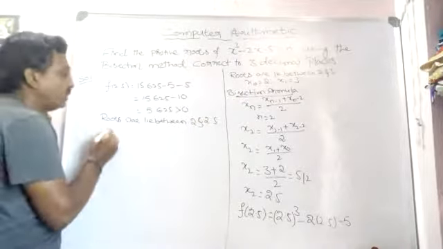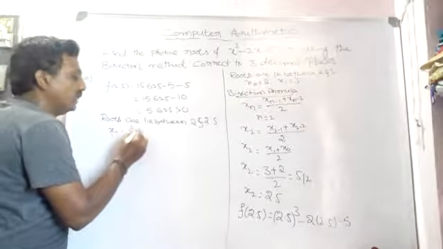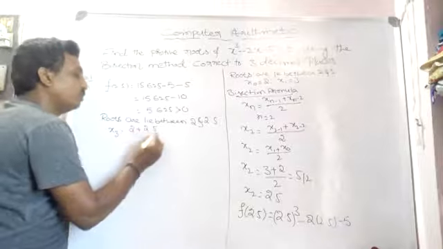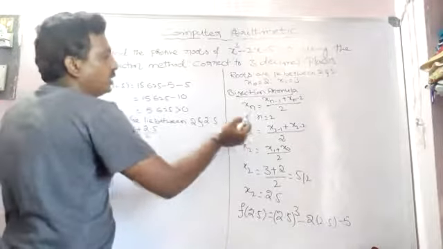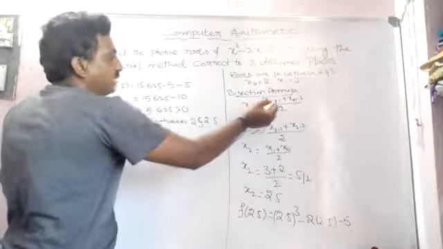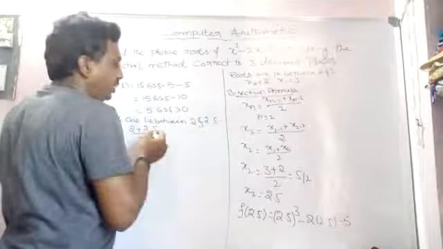Now go to x3. x3 equals 2 plus 2.5 by 2. Here we use the same formula: x3 minus 1, that is x2, is 2.5.